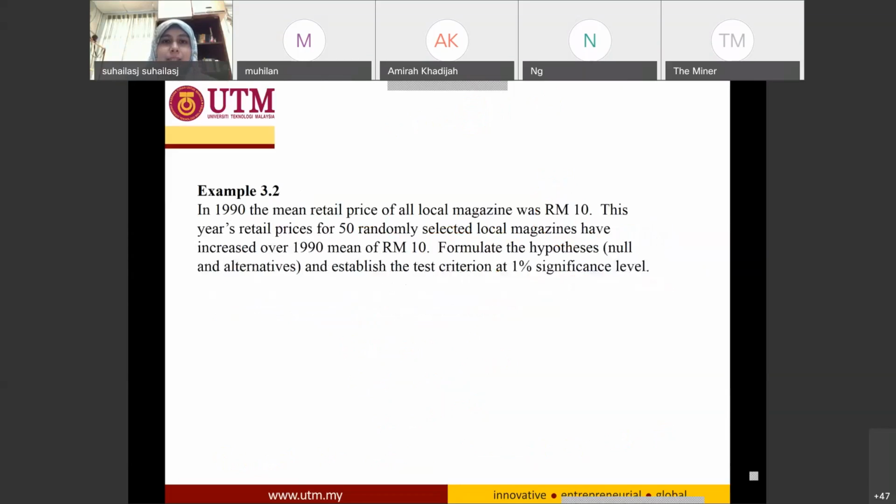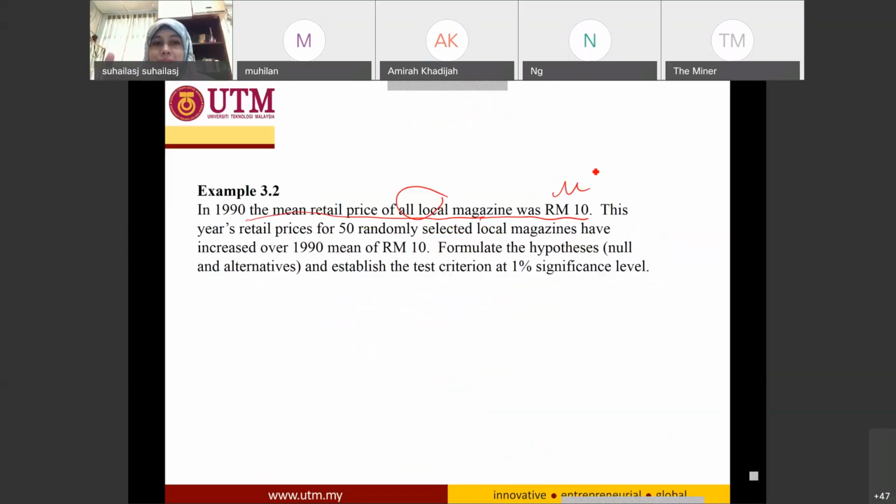Okay, so katakan this one. In 1990, the mean retail price of all local magazine was RM10. Itu kamu punya mu tak? Okay, apa yang telah ditetapkan? Mean retail price of all local magazine was RM10. So this is your mu.